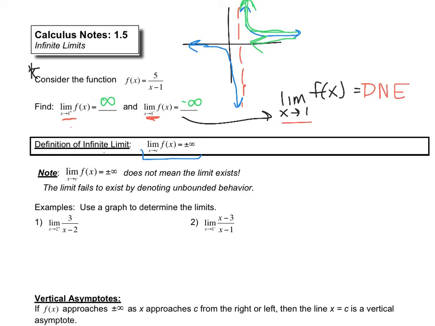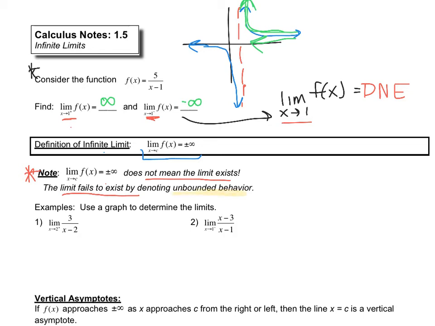This next note down below is super important to think about. If we have the limit of a function equaling negative or positive infinity, it does not mean the limit exists. In fact, it means the limit fails to exist. Writing positive or negative infinity just clarifies why it doesn't exist, and that's because the behavior would be unbounded.